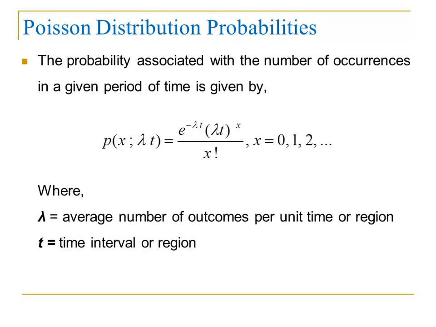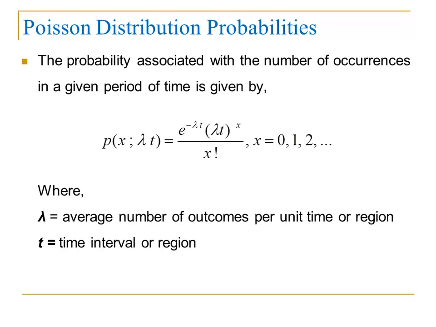For example, the mean and the variance are the same, which is lambda. The other thing is it has the memoryless property, which means that whatever happens before this time interval doesn't affect the actual probability. And we're going to talk about that later in this course. But again, this one is the most important.